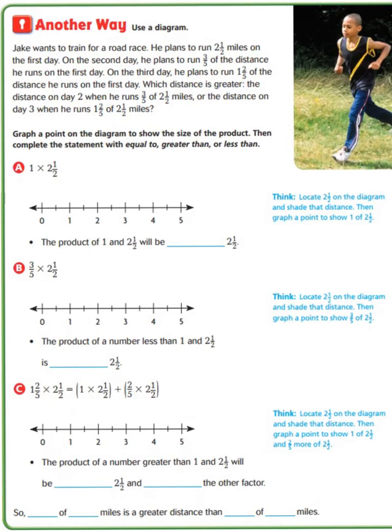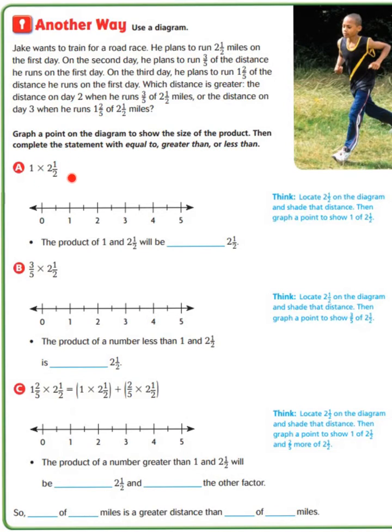So let's start. Graph a point on the diagram to show the size of the product. Then complete the statement with equal to, greater than, or less than. So let's take a look at it. It's asking 1 times 2.5. So let's plot that out on our number line. So the first step is to take a look at both of our factors.